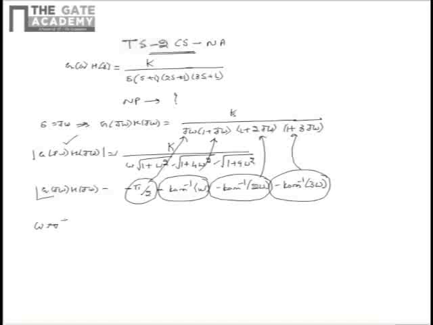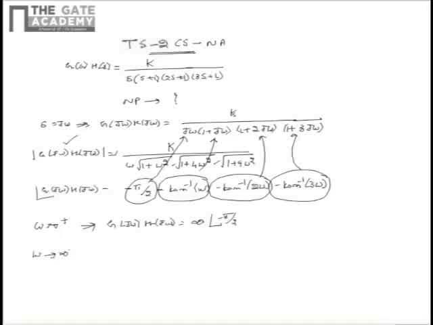So upon finding G(jω)H(jω) at ω = 0⁺, we see that G(jω)H(jω) is equal to infinity. This is because the magnitude of G(jω)H(jω) at ω = 0⁺ is infinity, and the phase is -π/2.